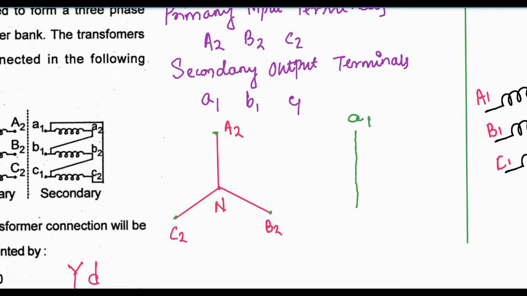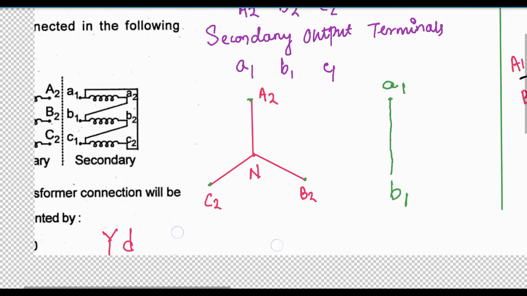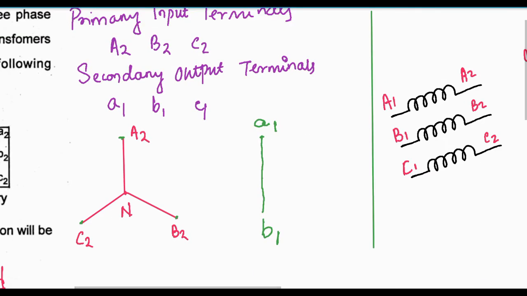So next is, as this one is A1, what will be this one? This one will be A2, and A2 here is connected to B1. So here I can write it to be B1, and we will draw like this parallel to this one. This one is B. We will parallelly draw.